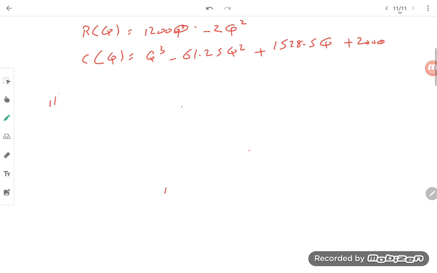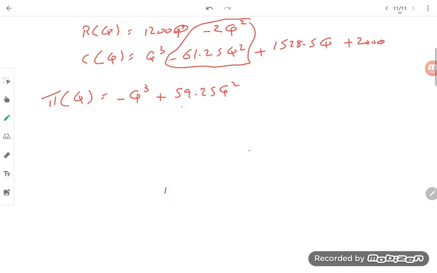So the profit function will be the difference between revenue minus cost. So it is negative q to the power 3 plus, we are going to subtract negative 61.25 from negative 2q. So the value will be 95.52 q squared.